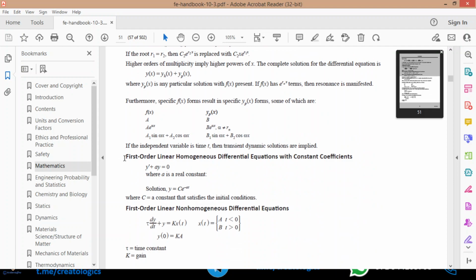Here it is: first order linear homogeneous differential equation with constant coefficient. If your problem is of this type, they do not have the q value. The right side is 0, so put q equal to 0, as it is also given in the question. Just by looking at this, you can see the answer will be y is equal to c, where c is the constant of integration, times e raised to the power minus at, where a is the coefficient of y. If you use this, you will get the answer in no time.